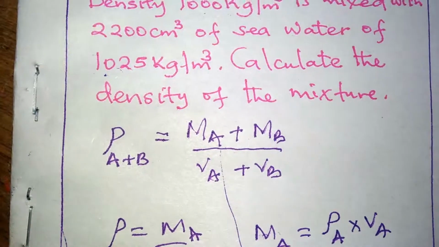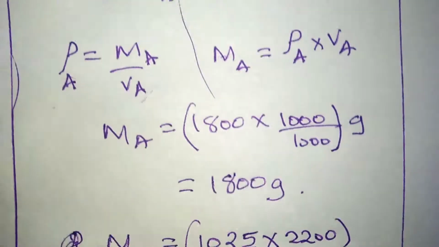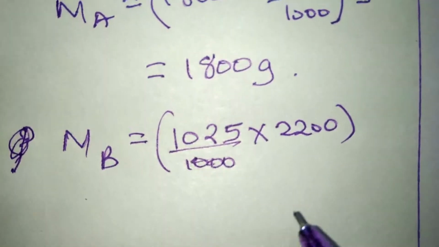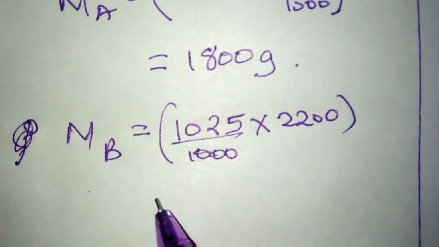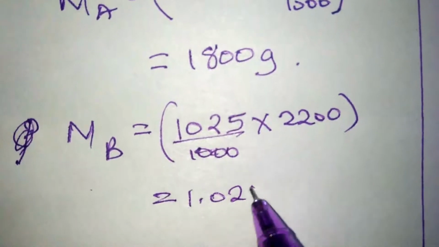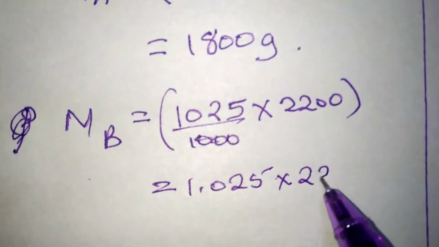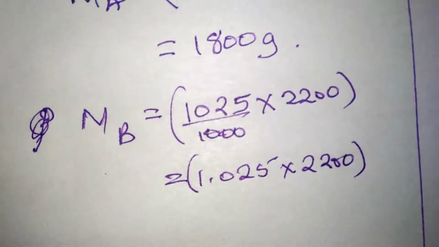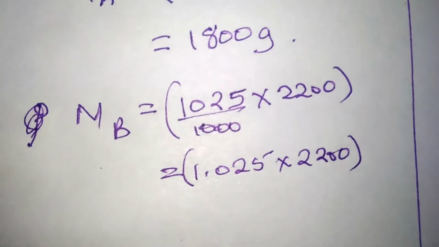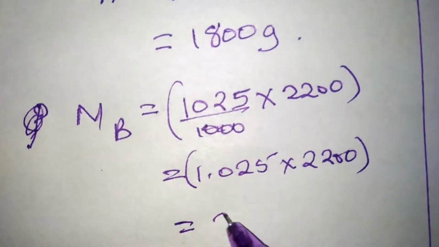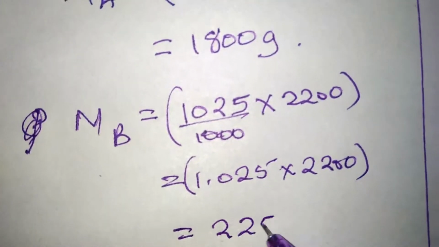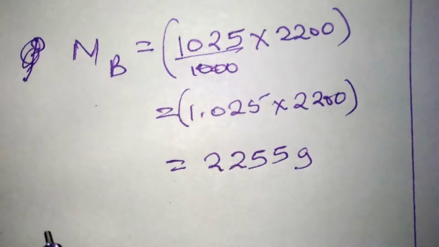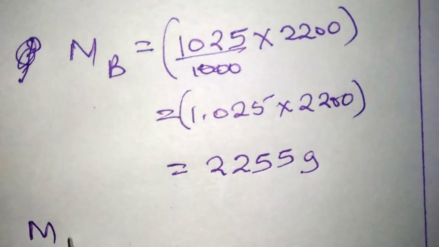Now again, this 1025 we divide by 1000, and when we divide that by 1000, we get 1.025 multiplied by 2200, and when you multiply those two, you simply end up with 2255 grams.